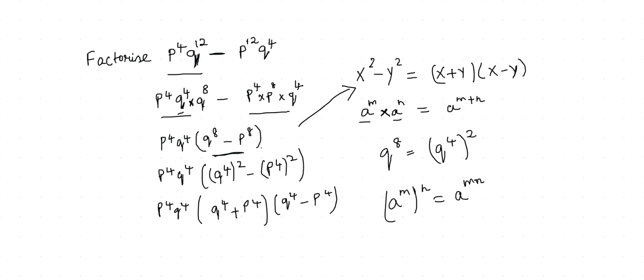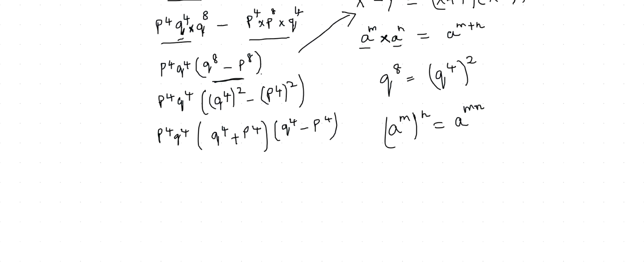Now look at the third term. You can again make use of the identity and rewrite this. The next step would be p to the power 4 q to the power 4 into q to the power 4 plus p to the power 4, and then the third term, which I'm rewriting as q square whole square minus p square whole square.